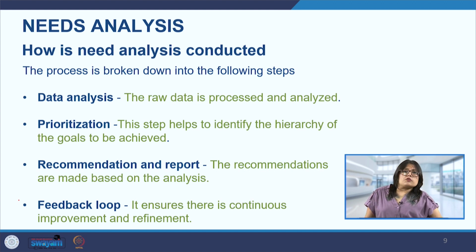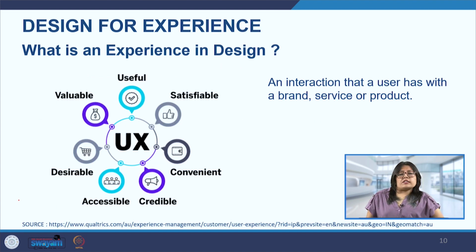So similarly here as well, the feedback will be taken time and again from the user, and this will help us ensure that there is timely and continuous improvement and refinement in the solution that we are offering to the user.